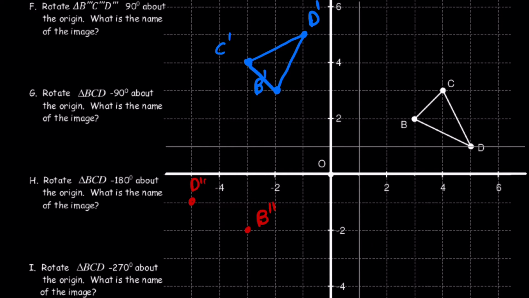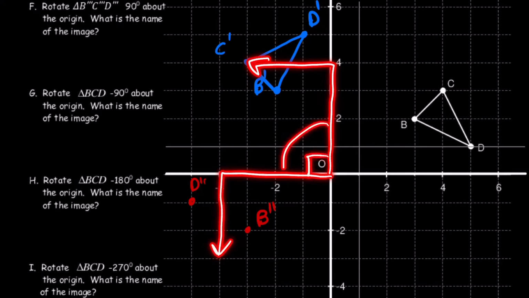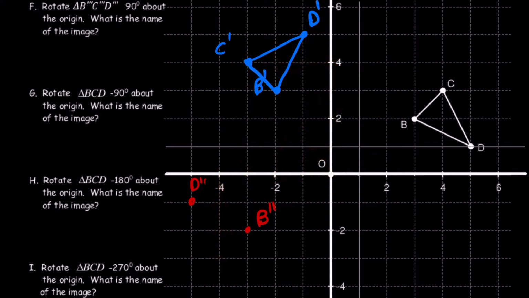And then with C, up 4 over 3 is like over 4, down 3 if we rotate that 90 degrees. C double prime is there. And then sketching that triangle. Now notice, for each one of these rotations, the triangle doesn't change size or shape. It's the same size, same shape as in the previous examples.